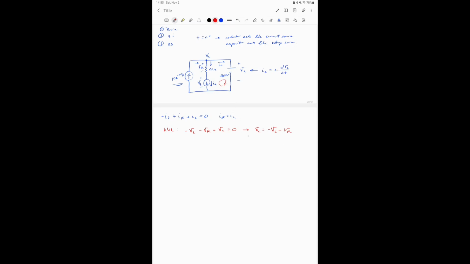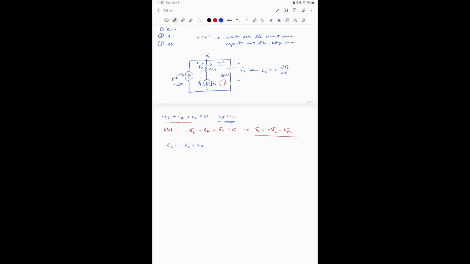Okay, so now I know we just did the KVL here, but our goal of doing this KVL is to figure out how to implement our currents into a way that we can derive our differential equation. So let's move back to this. And why don't we plug in here, VC is equal to our negative VL minus VR. Now let's substitute a couple things.